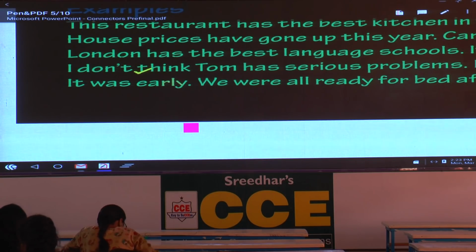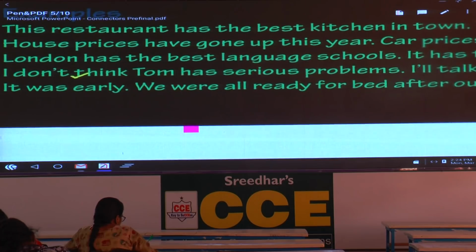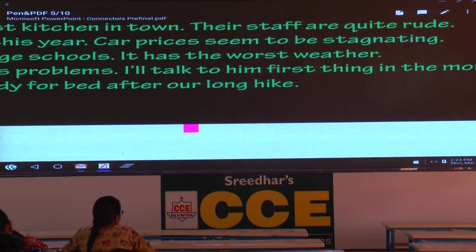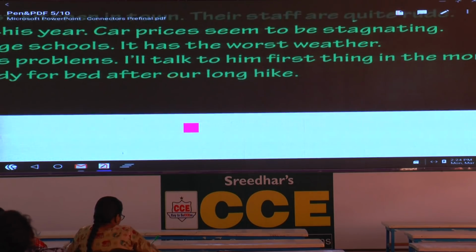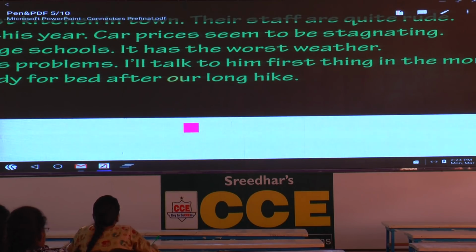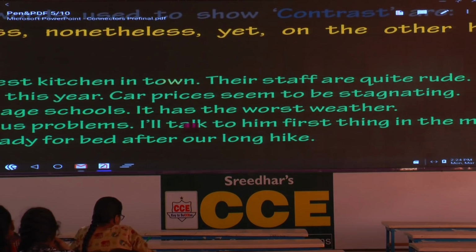Second one, house prices have gone up this year. Car prices seem to be stagnating. House prices gone up, car prices stagnating. So what is a better word?